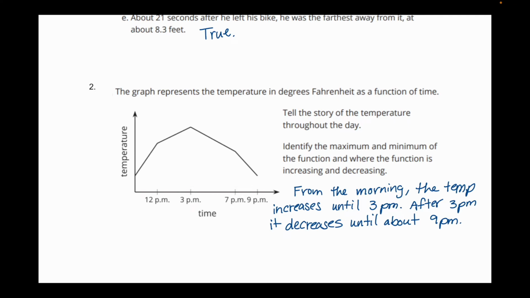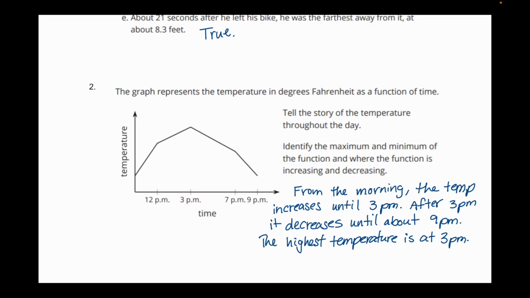We can say the highest temperature is at 3 p.m. Just so that we have something in there about a maximum.